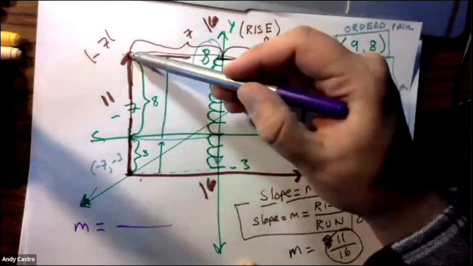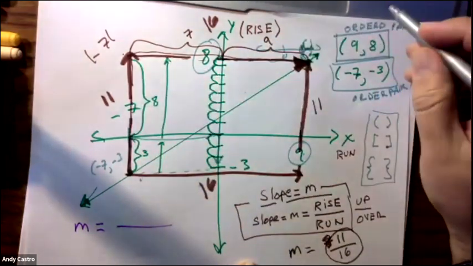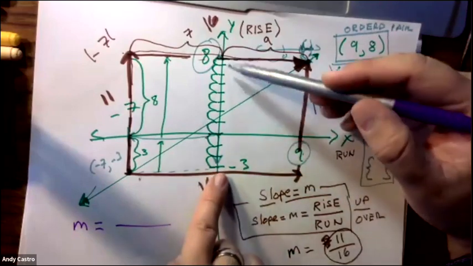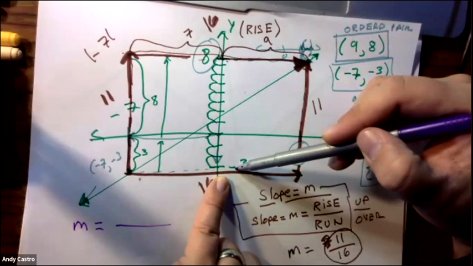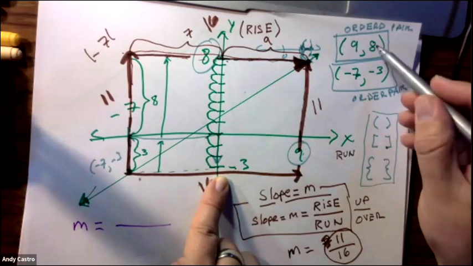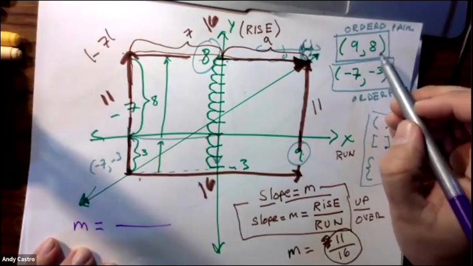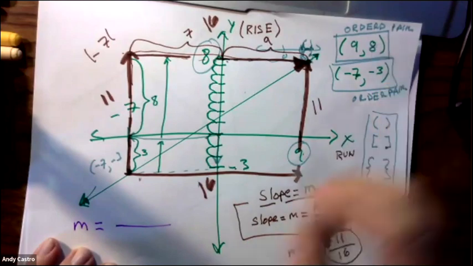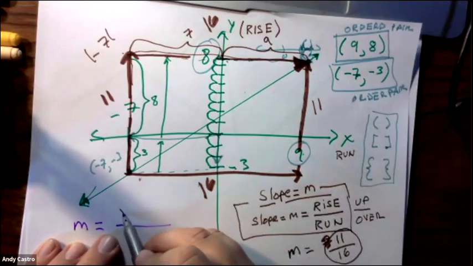Rise is going to be this distance here, which is the difference between +8 and -3. So what it is, it's 8 minus -3, or the y component of the point.